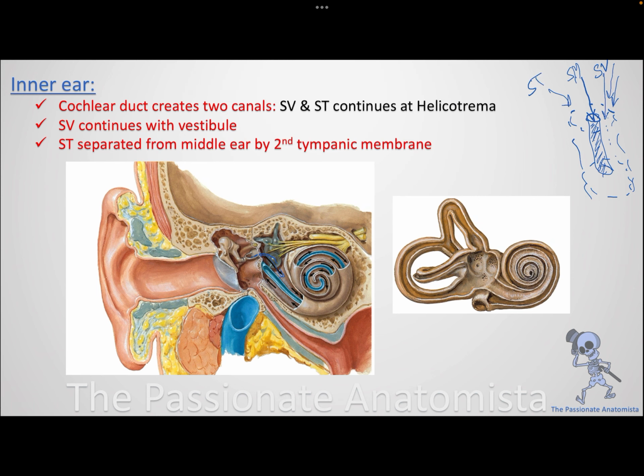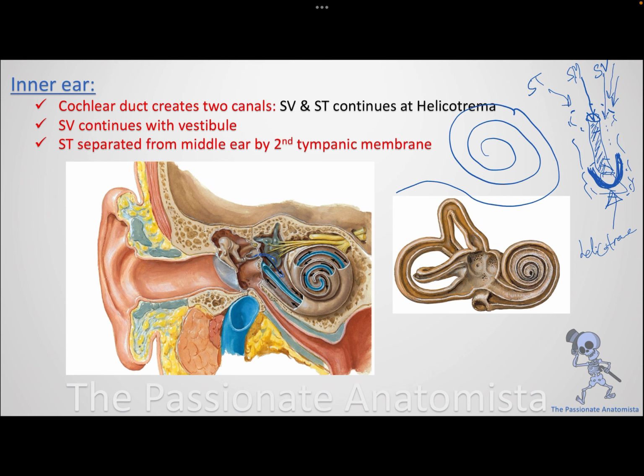There is a small part here because this is the end that is going to serve as a communication between the scala vestibuli and the scala tympani. This is what we call the helicotrema. Why is it important? Because I need to take the sound waves all the way around. I have here the cochlea.